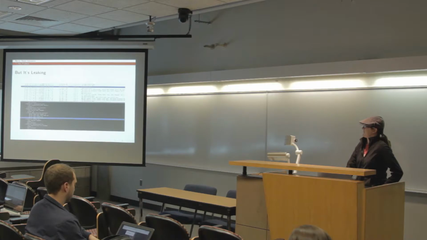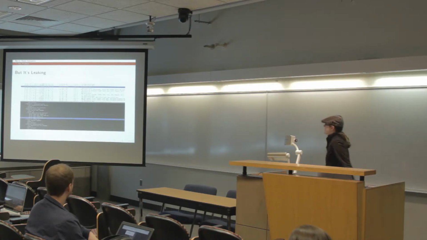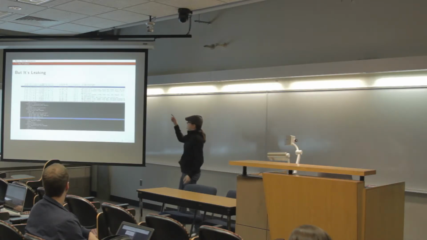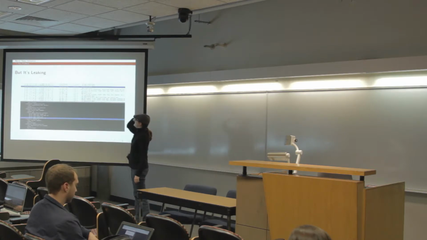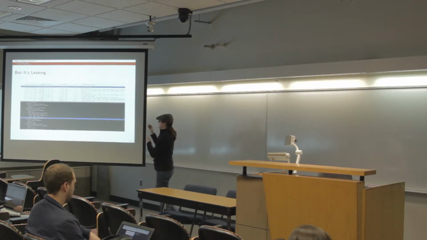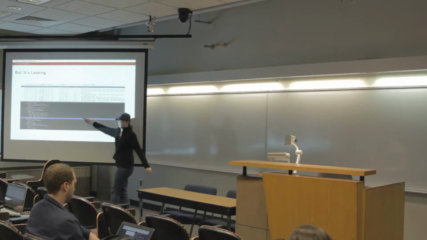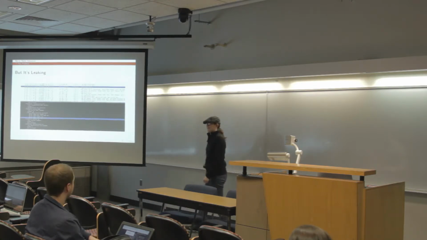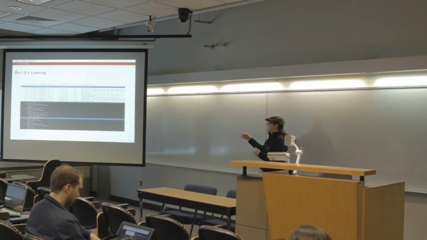But the problem is, I don't know if you can see this, here's my client saying hello to the server and telling it what domain it needs a cert for. And as you can see, in the plain text of this hello, we have www.reddit.com.